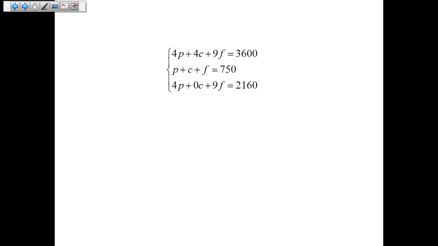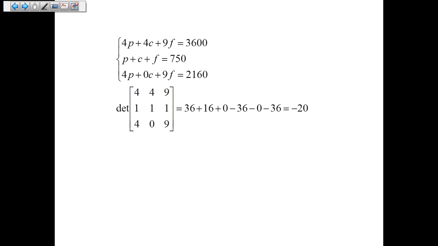Okay, so we can apply Cramer's rule to a system of 3 variables as well. We're going to have to find our D again. We're going to have to find the determinant of the coefficient matrix. It's going to be a lot bigger than it was last time. But let's go ahead and find the determinant of this. Now I haven't spelled out the method. You should be able to do this on your paper.